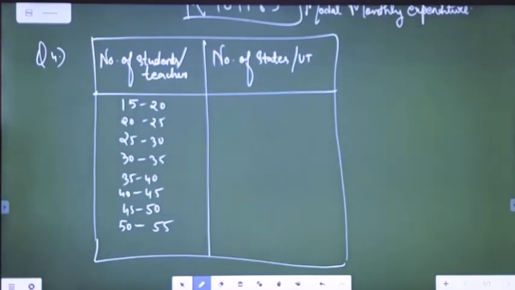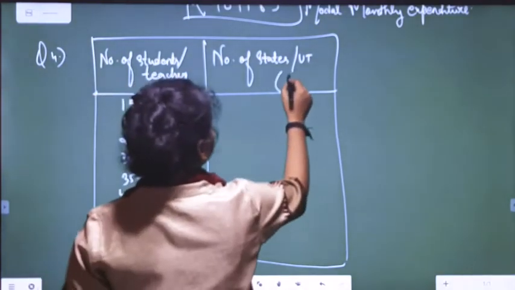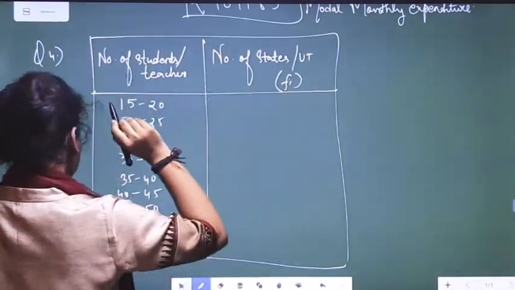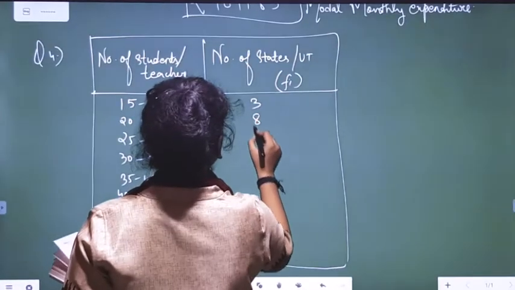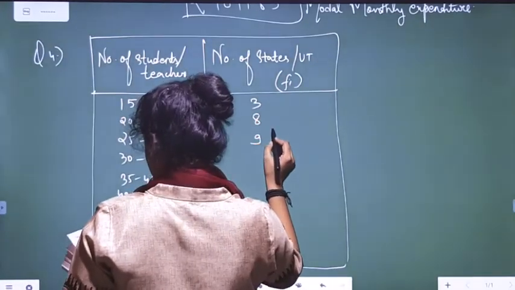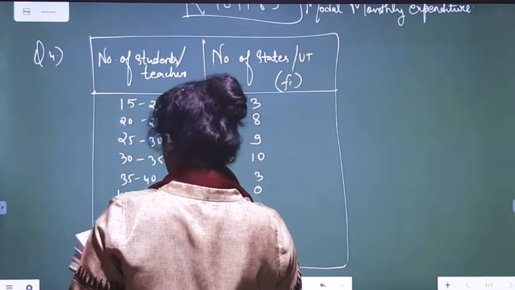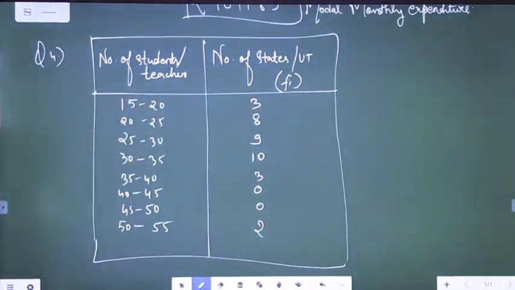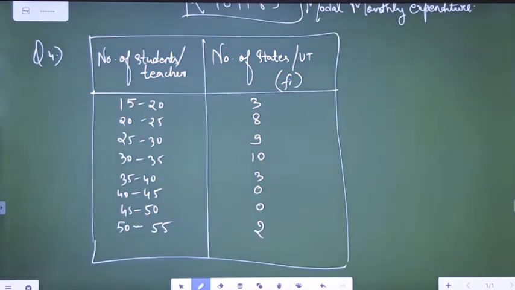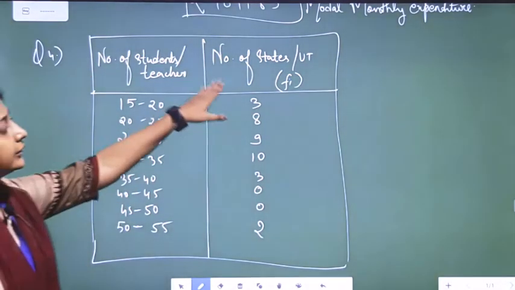And this is the frequency: 3, 8, 9, 10, 3, and 2. So these are all our values. This is the class interval and this is the frequency.